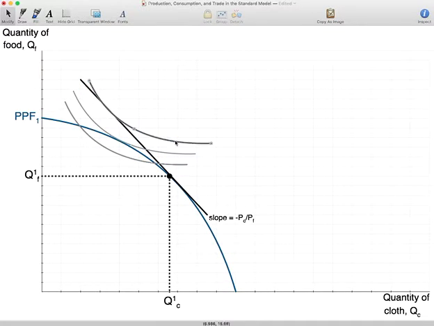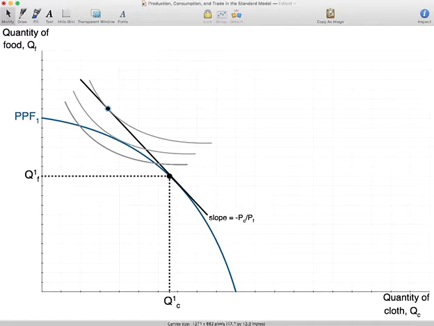So for this particular example, we are going to see consumption where the indifference curve that's the furthest out is still just tangent to the ISO value line. So let me put in a point right there.